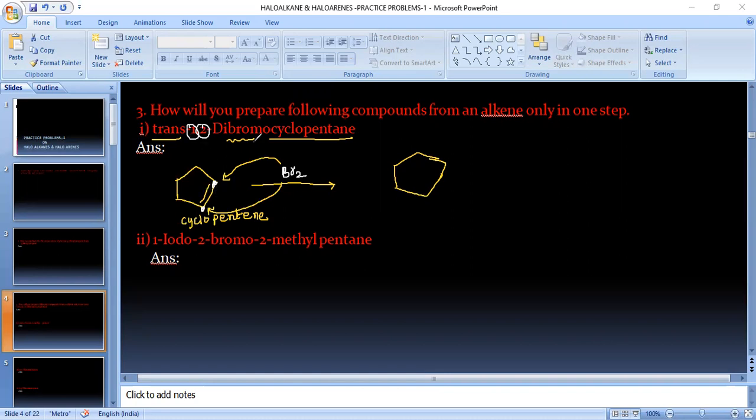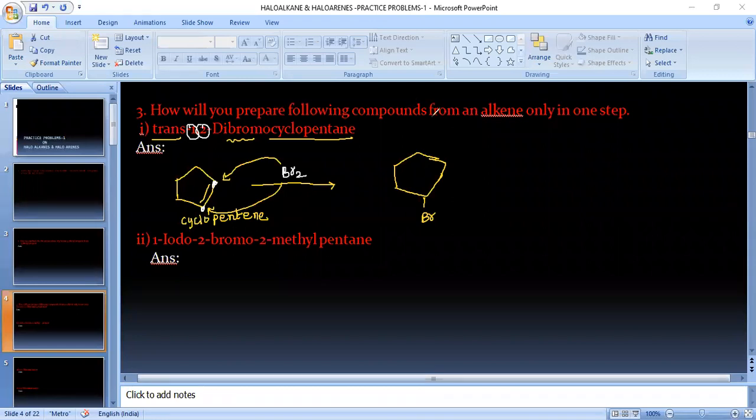But don't write the product with bromine over here and bromine over here like this, because the question is asking for the trans isomer. Trans means opposite. So this is the wrong method. So how can we write it?